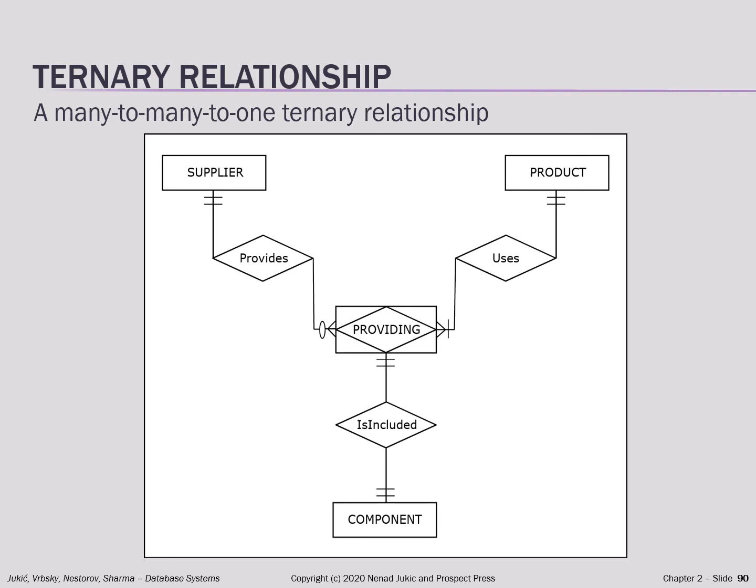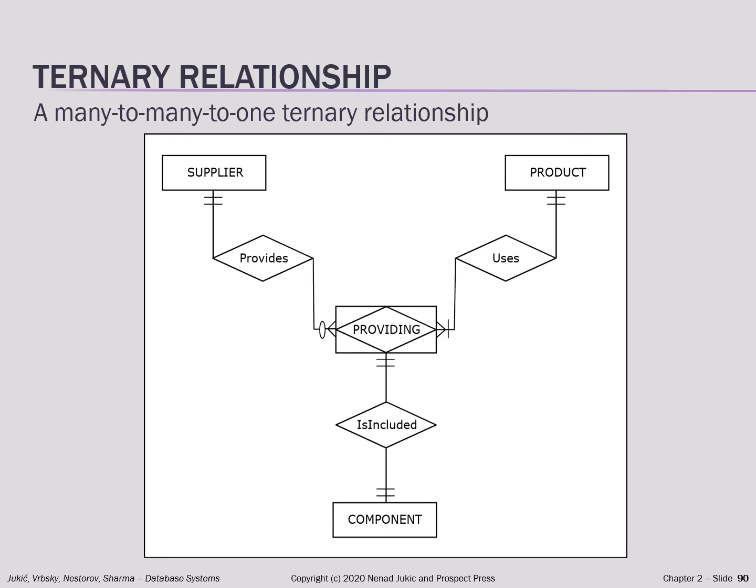Each component is included in exactly one instance of a supplier supplying a product. In other words, every component is custom made by one supplier for one product. It can't be used in any other product, and it can't be made by any other supplier.